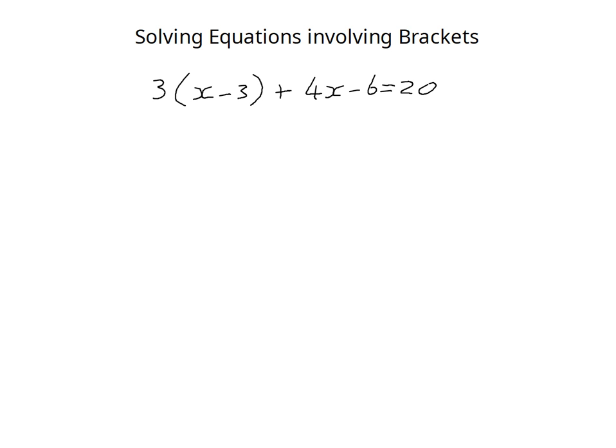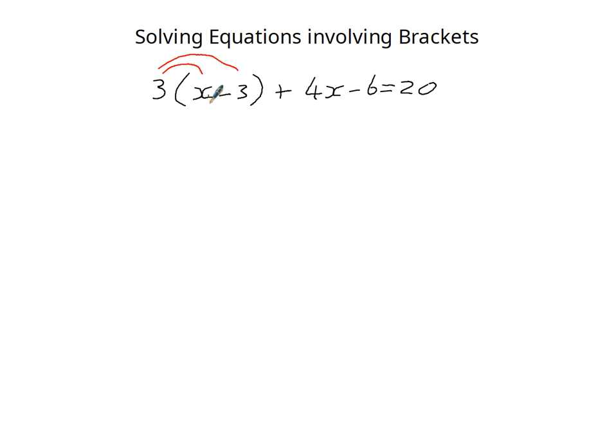Okay, so the reason that it wouldn't work is that if we divided by 3 here, this 3 only multiplies what's in the bracket. So we would end up with 4x minus 6 over 3, and it just gets really confusing if we do that. It's much simpler if we just stick with our normal process and multiply out our brackets first.